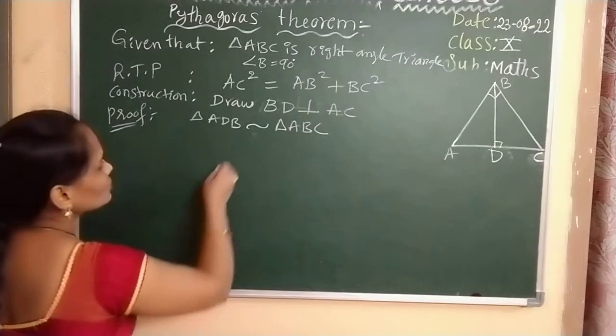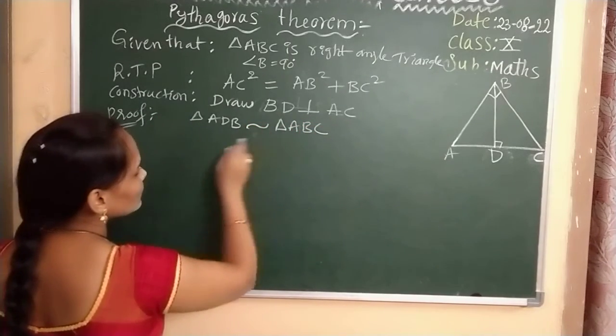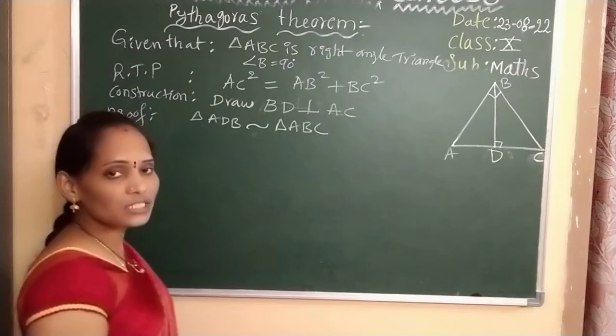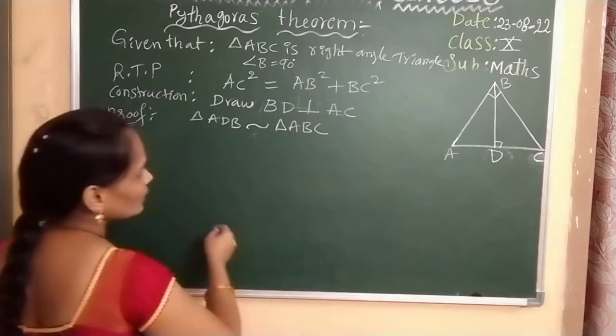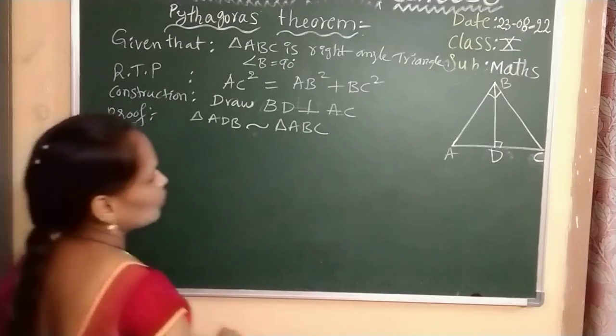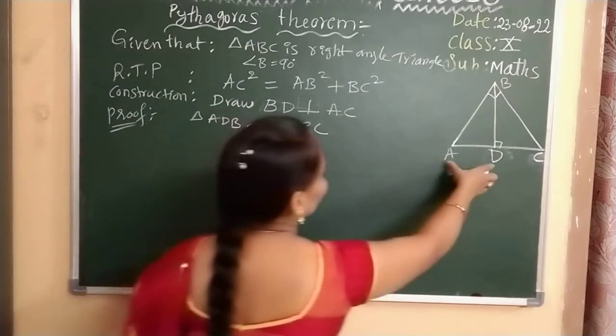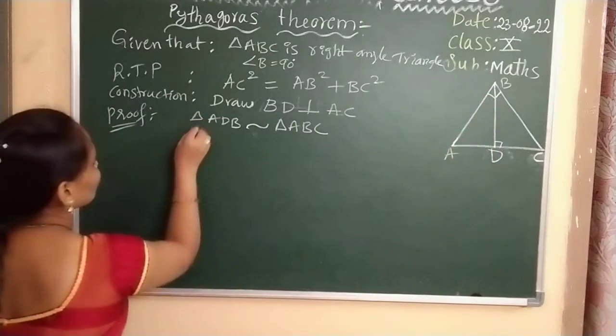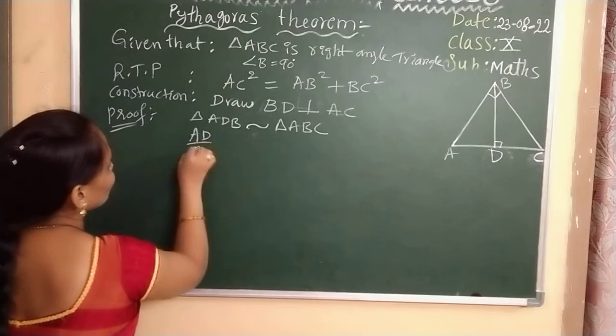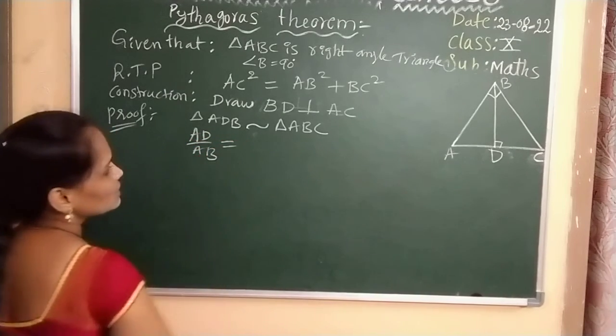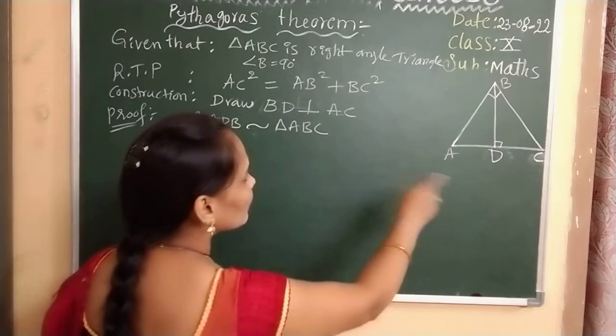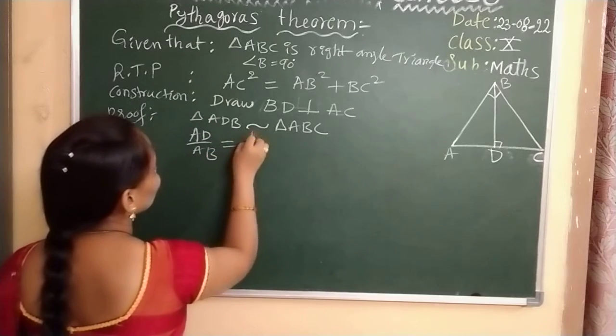Now these are similar triangles, so their sides are proportional. What can we take? AD by AB is equal to AB by AC, for the full triangle.